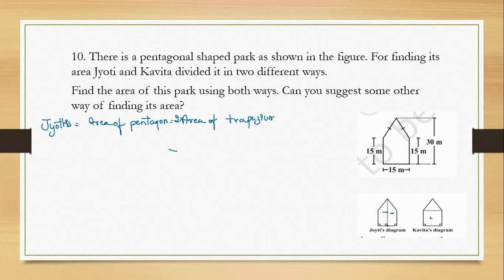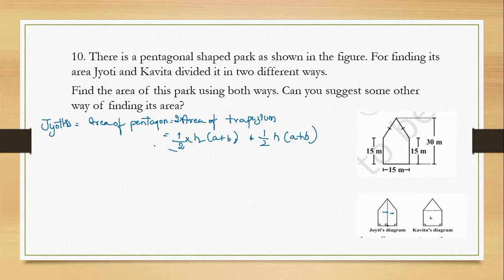Okay, so we know that the formula of trapezium is half into h of a plus b. They are given the two trapeziums, then 2 into half into h of a plus b.